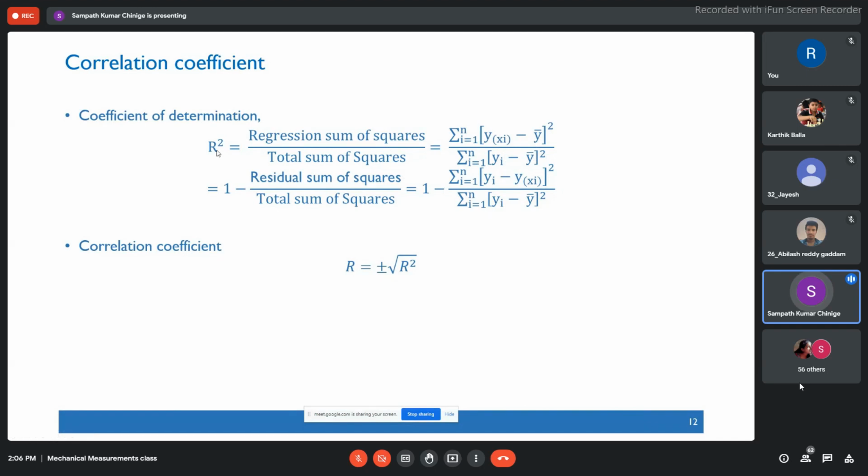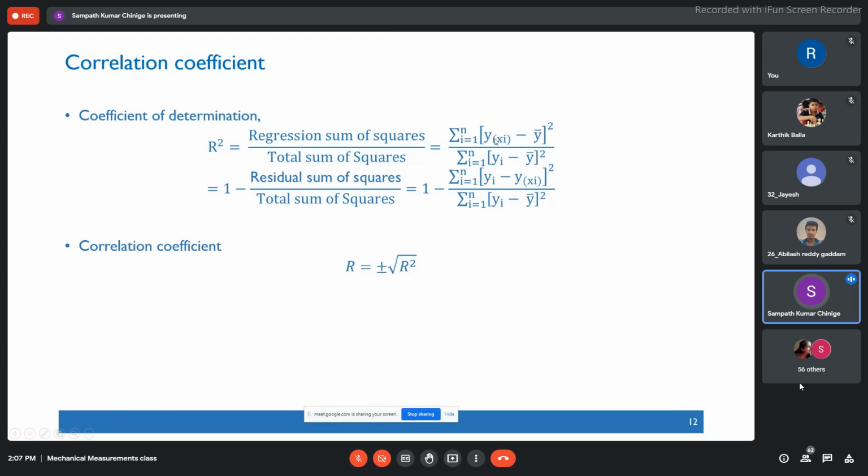So that means what? R square value is what? If it is, for example, 1, that means the individual actual data minus its average squared sum will be equivalent to the fit term minus this y bar square term.